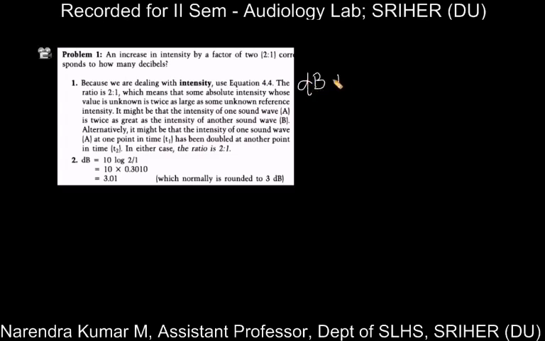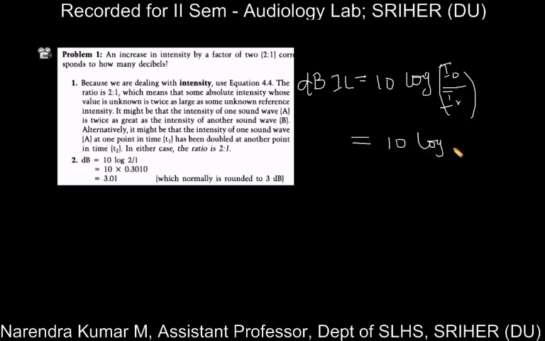So dBIL formula is 10 log I0 by IR. Now this ratio is doubled, factor of 2. This ratio will be changed into 2. The formula becomes 10 log 2.